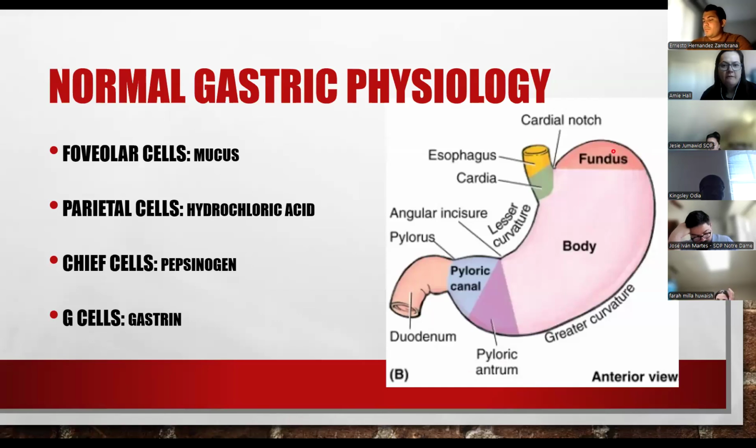We have the fundus, we have the body here, the pyloric antrum, the pyloric canal, and the pylorus, which is a sphincter that opens and closes and dumps the stomach contents into the duodenum or the small intestines.